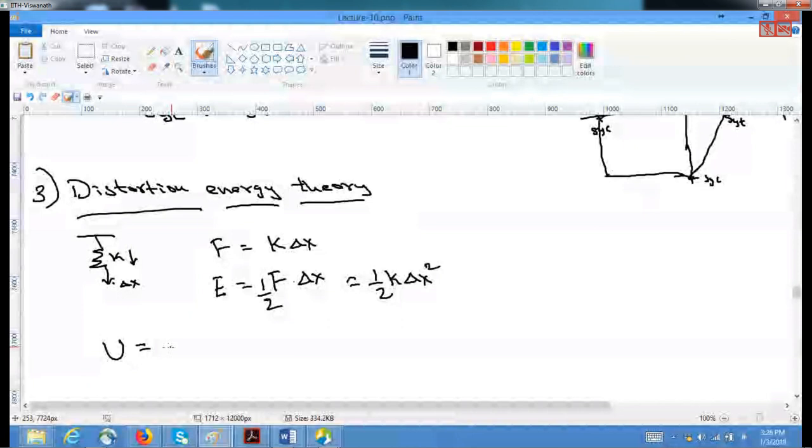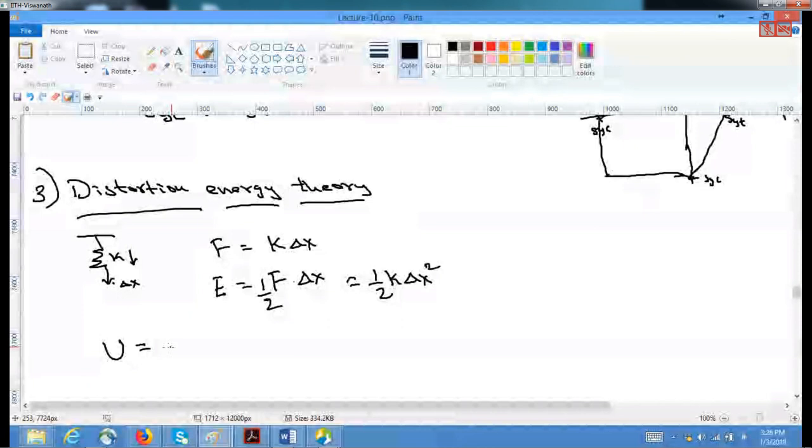So for uniaxial things, U is the strain energy per unit volume. The same thing you need to understand is K per unit length. So in a similar nature, if you want area, then this is half epsilon square.